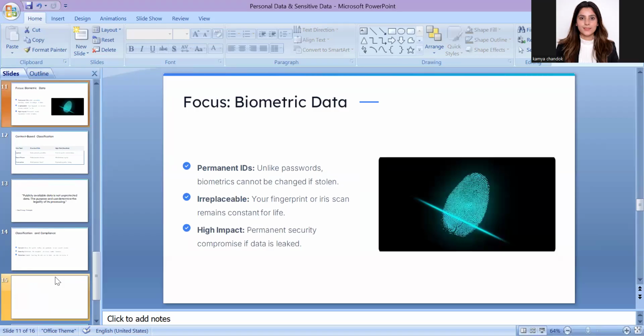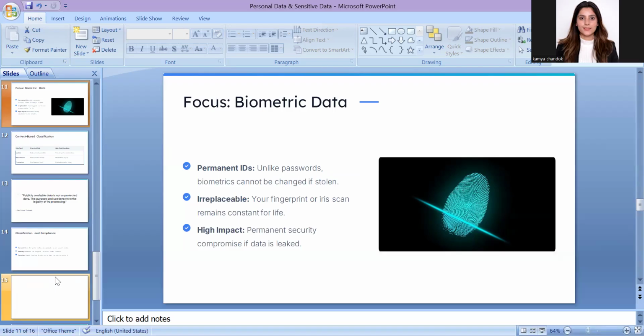Okay, now let's talk about the financial and the health data, and let's make it very concrete here. First, the financial data, right? That's like your bank account details, card numbers or transaction history.